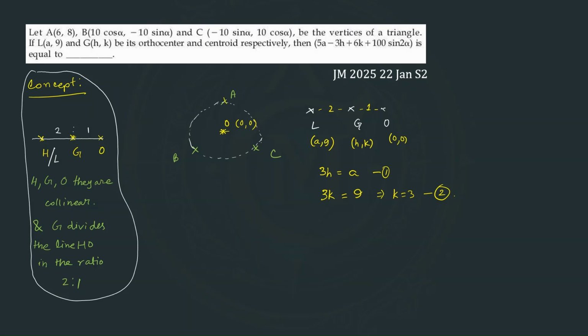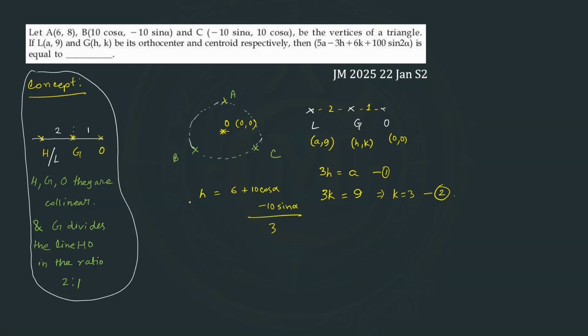So how do we get them? We know the centroid directly relates to all the vertices because the coordinates of the centroid are the sum of the coordinates divided by 3. So the x coordinate h is (6 + 10 cos alpha - 10 sin alpha) divided by 3.